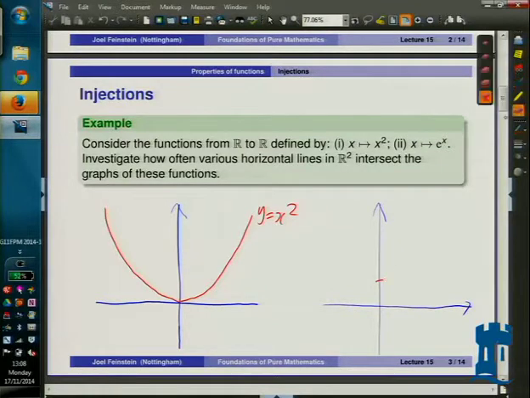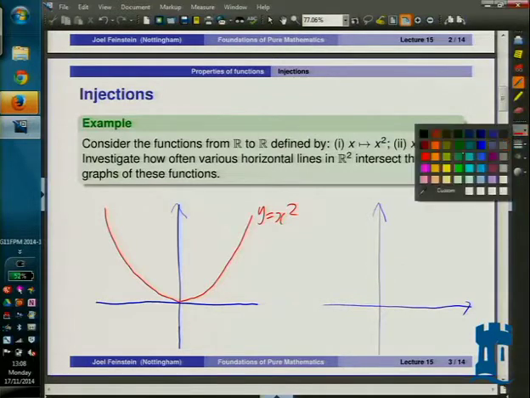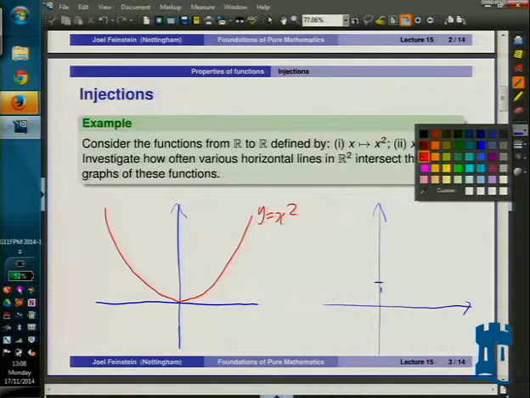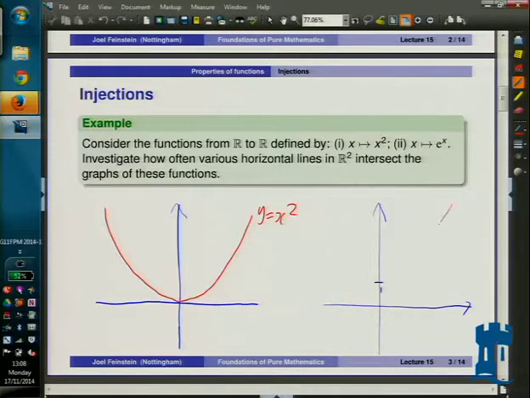goes through height 1. And has an asymptote at the axis.